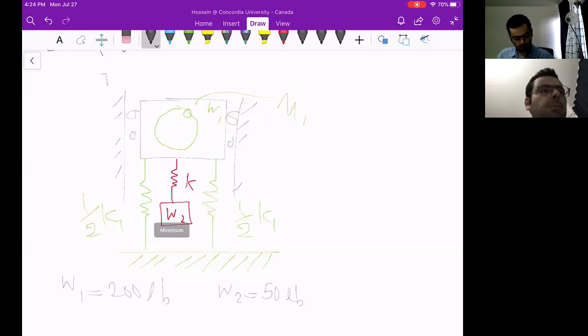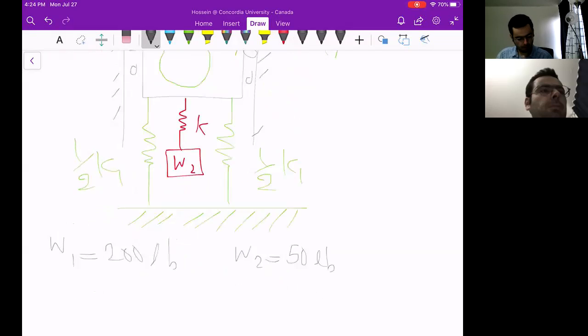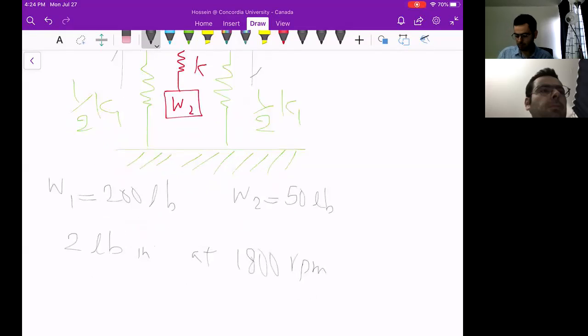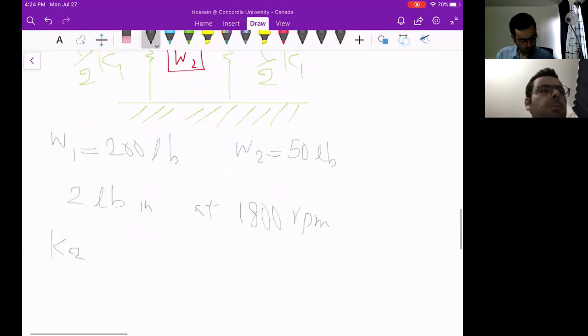If W1 is excited by a 2-pound inch unbalance rotating at 1800 revolutions per minute, determine the proper value of the absorber spring K2 and what will be the amplitude of W2?